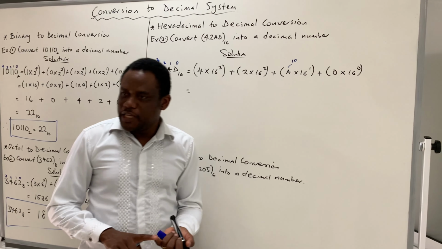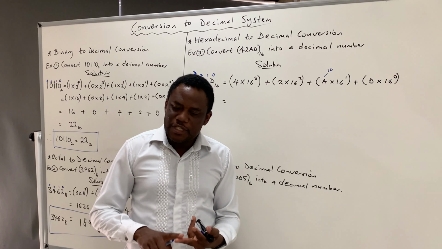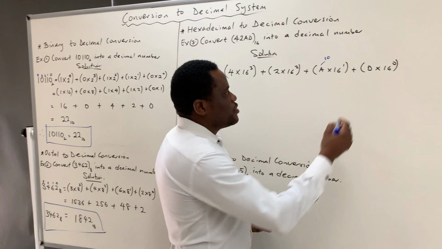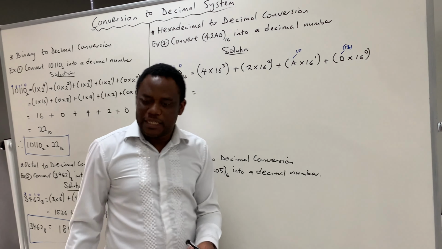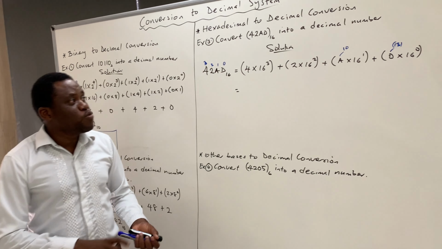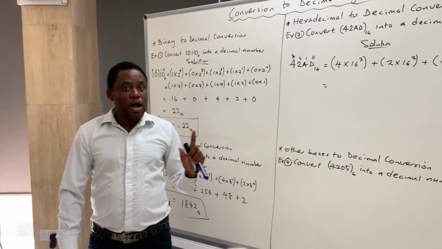B is 11. C, 12. D, 13. So this D is 13 in hexadecimal, and that's what we are going to use to do our multiplication.